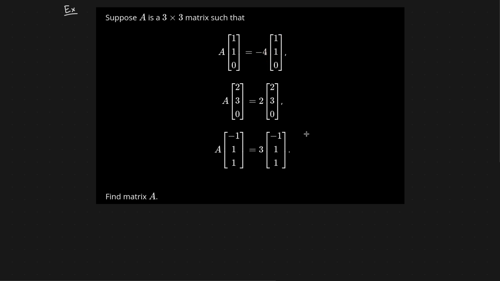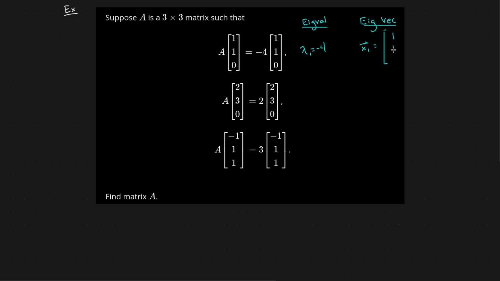Okay, what does that mean? Well, that means (1, 1, 0) is an eigenvector of matrix A, and negative 4 is an eigenvalue. So we have λ1 equals negative 4, and x1 equals (1, 1, 0).